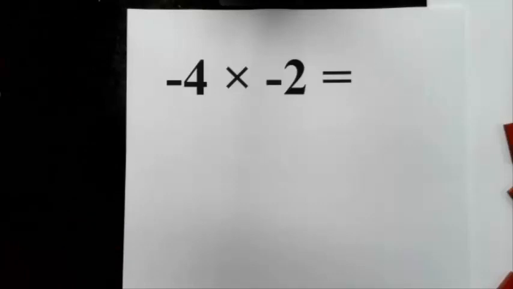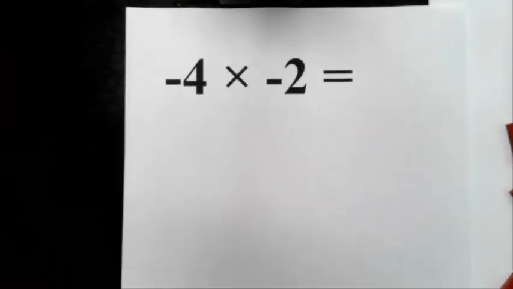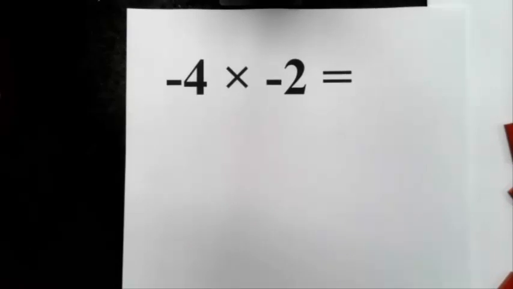For this multiplication problem, I have negative 4 times negative 2. Because the first factor has the negative, I will again think of this as taking away. I'm going to start with an empty piece of paper here, meaning 0.